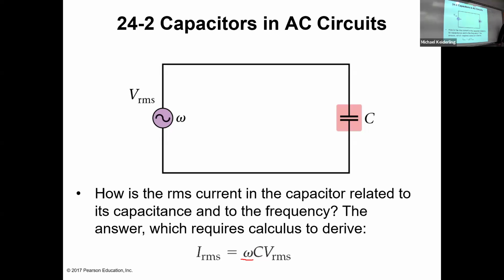Basically, it's because the voltage is proportional to the charge, you take the derivative to get the current, and you get an omega from that. So for a capacitor, current RMS equals omega times capacitance times voltage RMS.